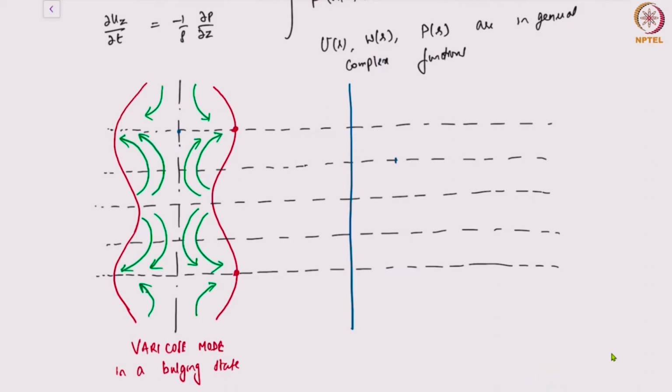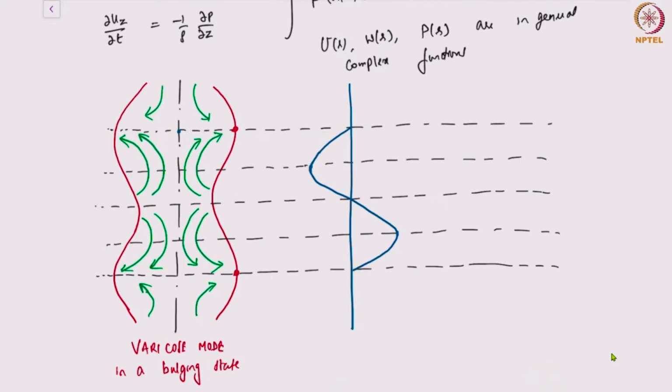Maybe I should say the minimum is here because it's going upwards, and here it's a maximum. So in other words, my velocity field for UZ would look something like this.